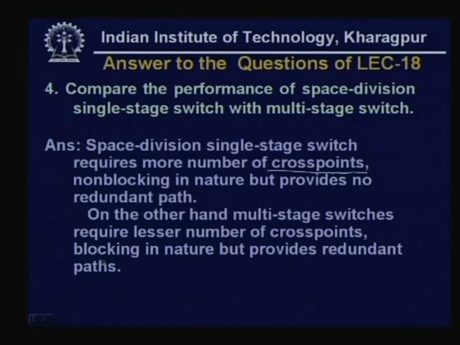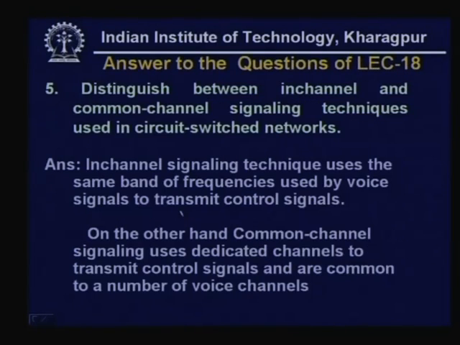The multi-stage switches can be blocking in nature, but provides redundant paths. So you see, there are advantages and disadvantages. Here you have got more cross points, here the number of cross points is less, here it is non-blocking, here it is blocking, here there is redundant path, here there is no redundant path. So you see, there are advantages and disadvantages in both the cases.